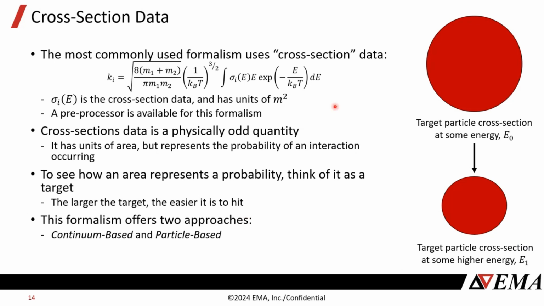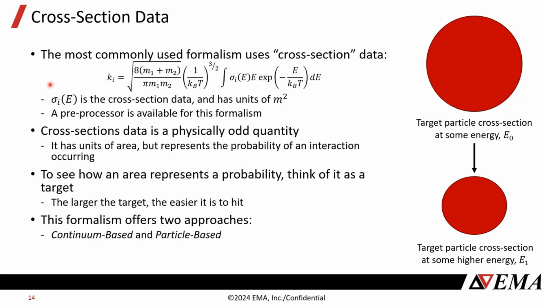Well, we have this very complicated and gross-looking formula for doing so, that involves an integral of your cross-section data, sigma sub i of E. And then all the rest of the other terms come from the distribution function that we talked about earlier. Now, this integral can be expensive to compute, so a preprocessor is offered that can pre-compute these rate coefficients for use later on in the simulation.